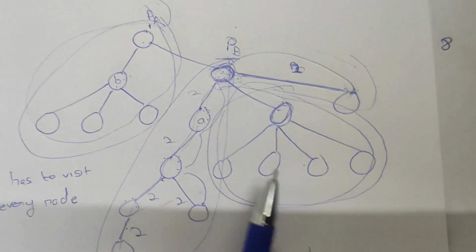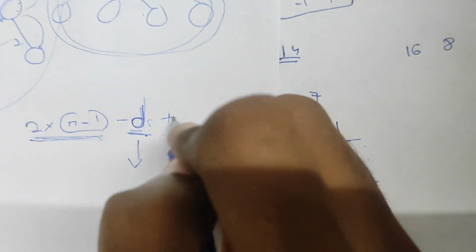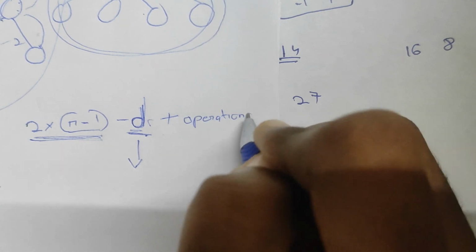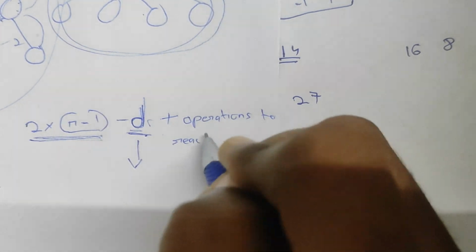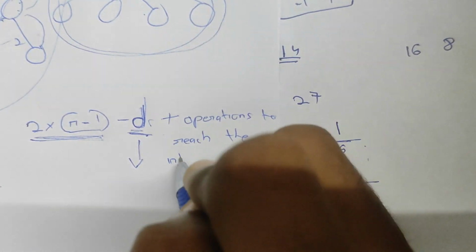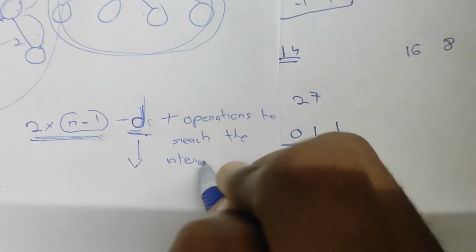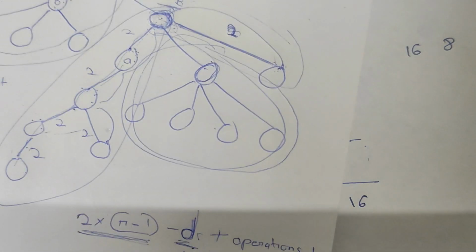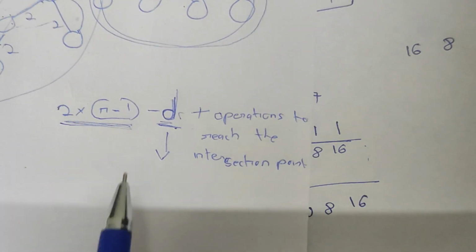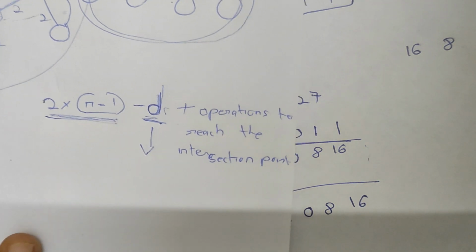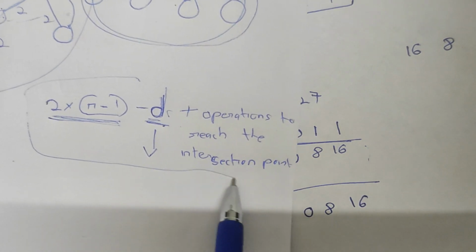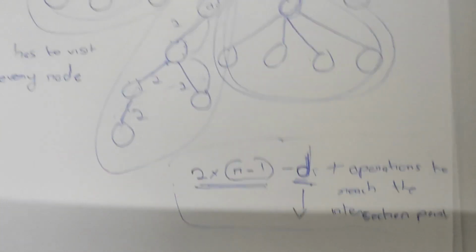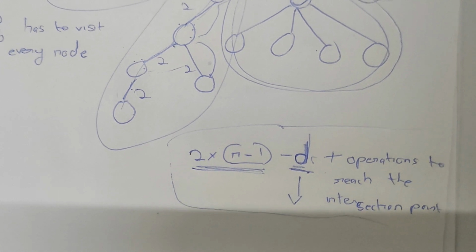We have to calculate that as well, and we have to add that number of operations to reach the intersection point. So this will be the total number of steps that we perform.